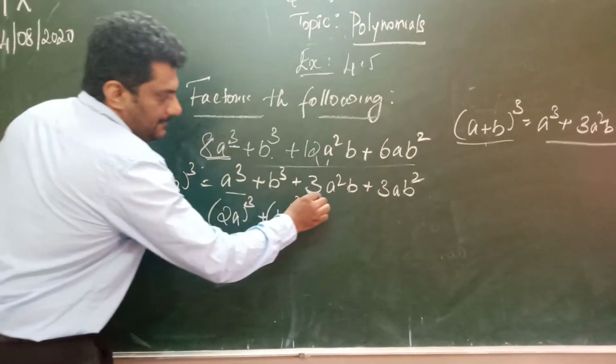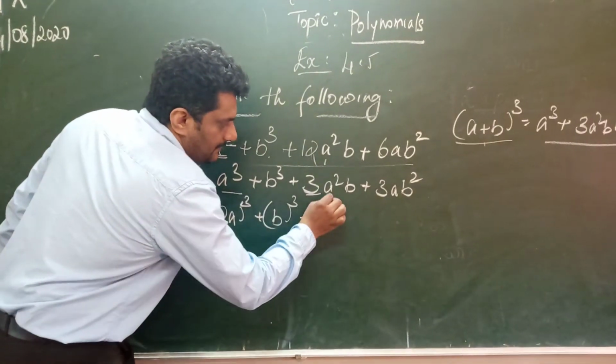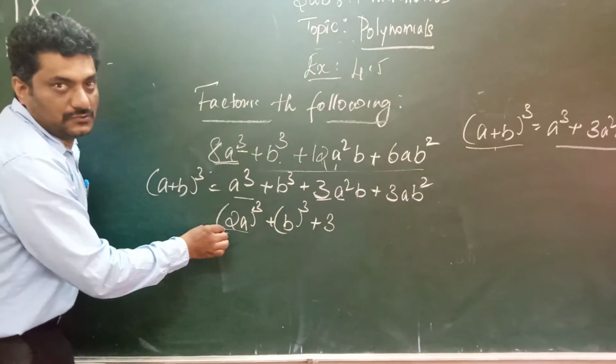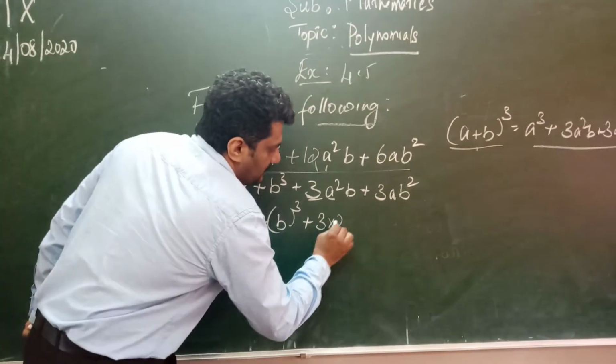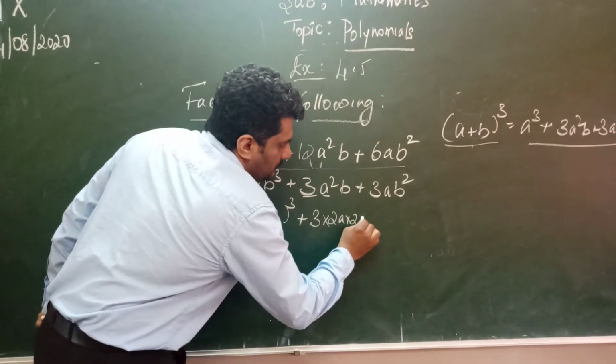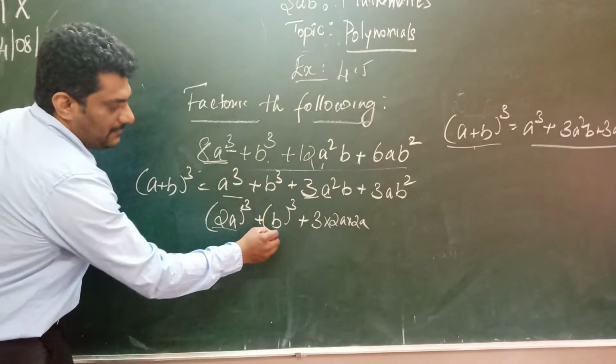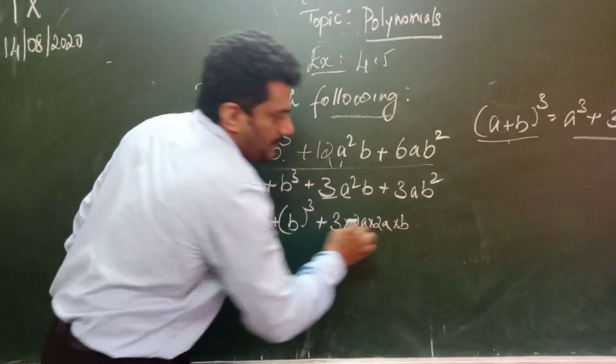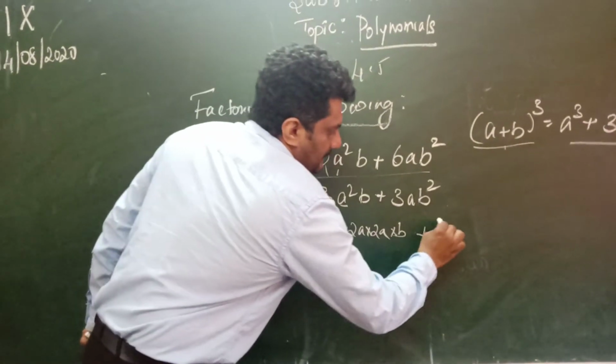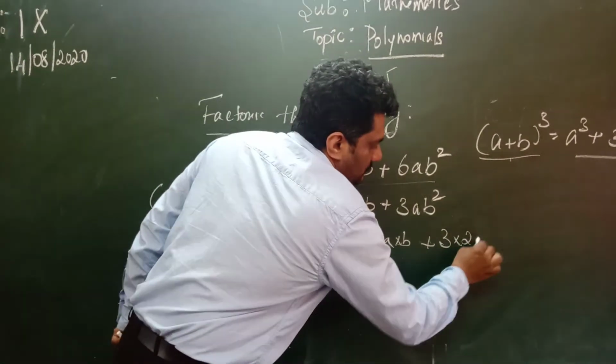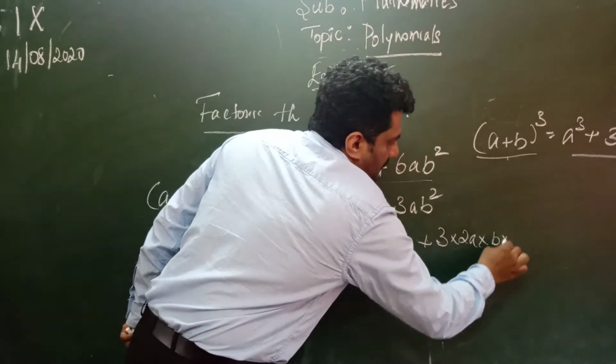Plus 3 as it is. The value of a is 2a, so you will write it as 2a into 2a. And the value of b is as it is b. Plus 3 into 2a into b into b.